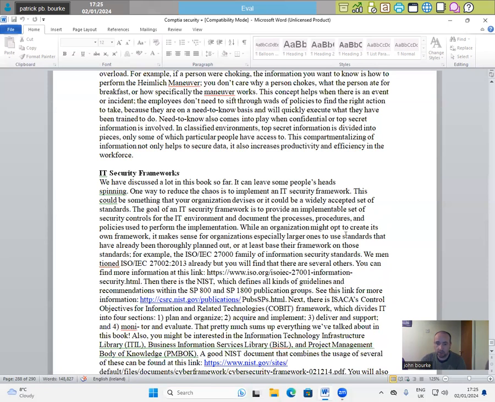While an organization might opt to create its own framework, it makes sense for organizations, especially larger ones, to use standards that have already been thoroughly planned out, or at least base their framework on those standards. For example, the ISO IEC 27000 family of information security standards.